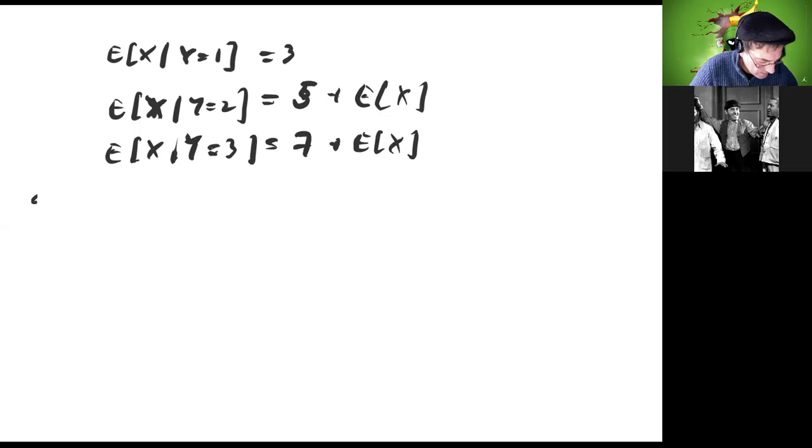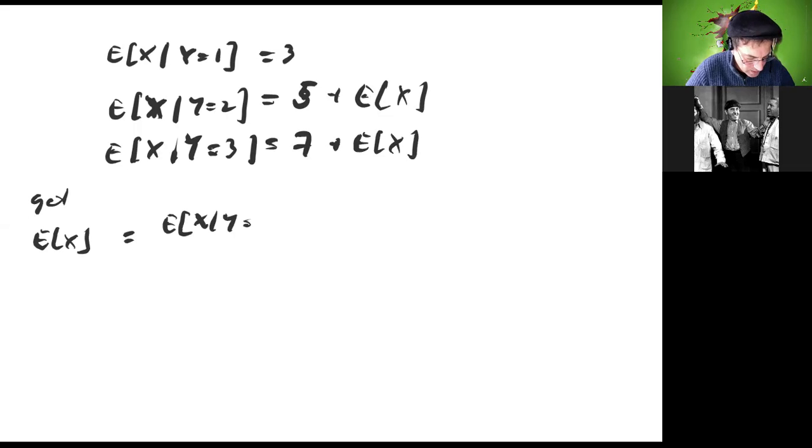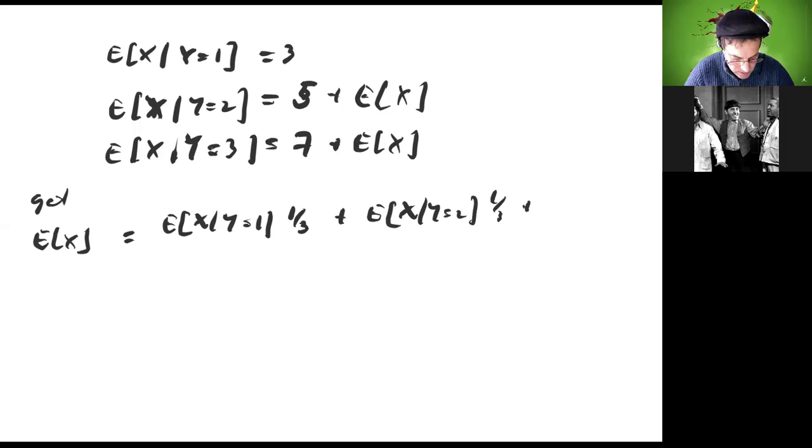So we now have the following equation. E of x equals the expected value of x given y equals 1 times 1/3, plus the expected value of x given y equals 2 times 1/3, plus the expected value of x given y equals 3 times 1/3.